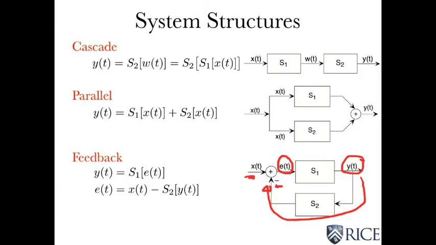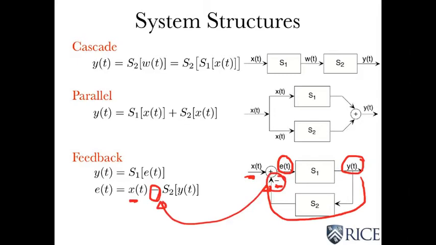Well, that's the standard convention, which means that E is equal to X minus the output of S2. So that little minus sign corresponds to that minus sign. That's how you indicate a difference instead of a sum.